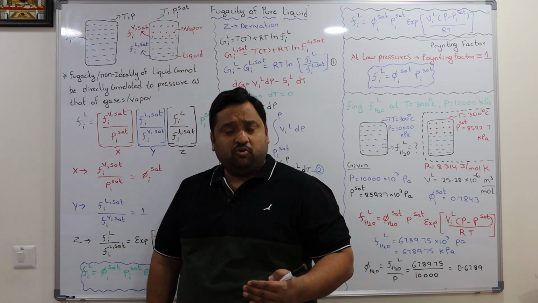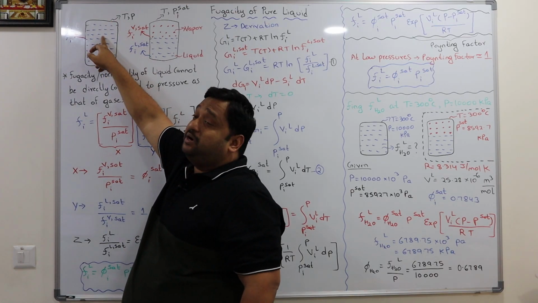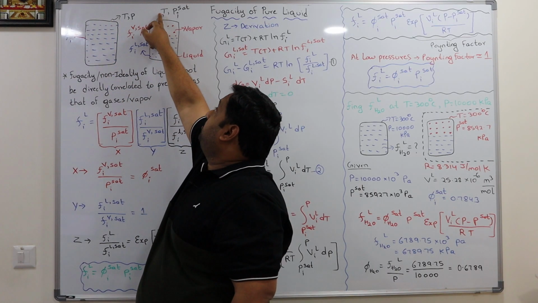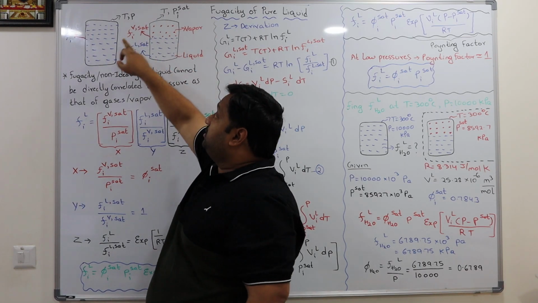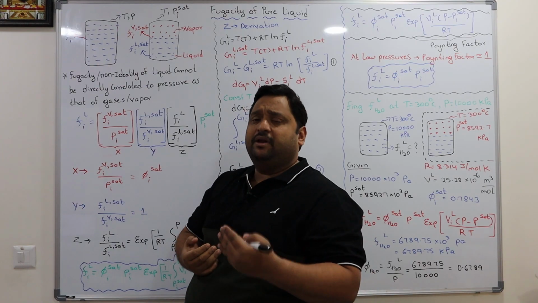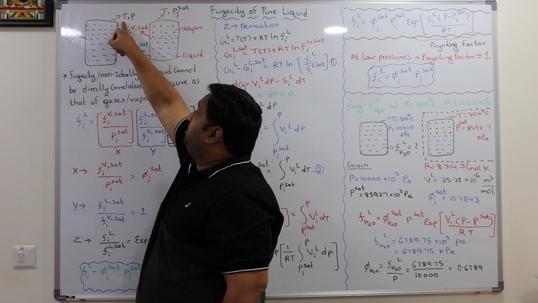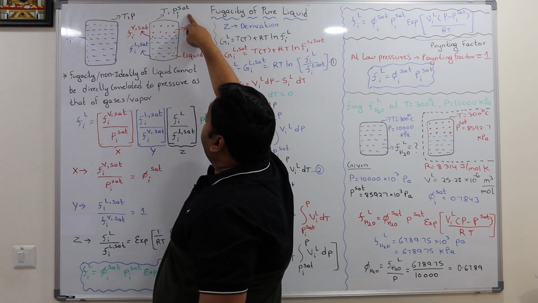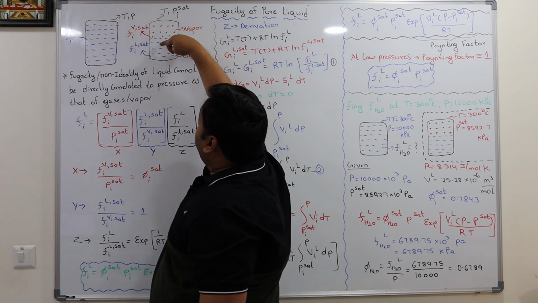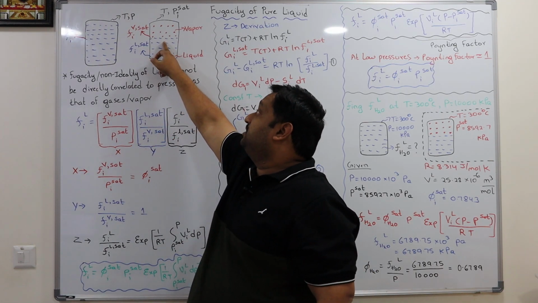If you want to estimate the temperature and pressure of this particular liquid, at the same temperature, what are the saturated conditions of this liquid? Saturated conditions are where liquid and gas coexist in equilibrium. So at the same temperature, at what pressure do vapor and liquid both exist in equilibrium? These are called the saturated conditions.